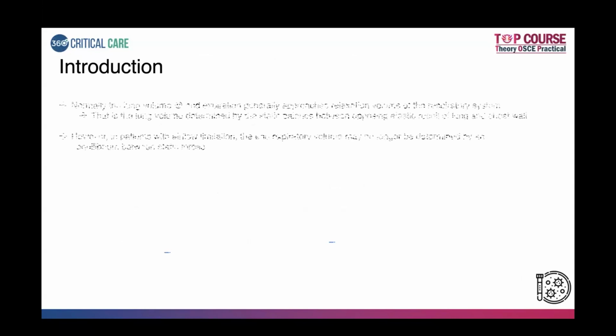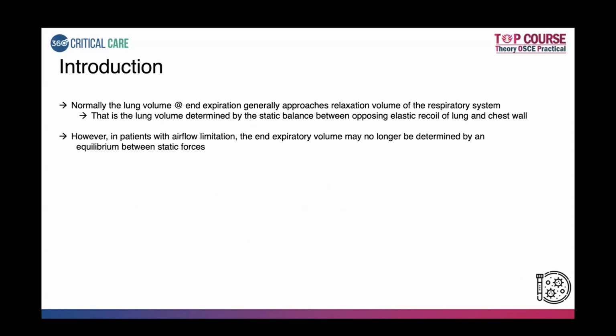So coming to the introduction, normally the lung at end expiration generally approaches a relaxation volume of the respiratory system. That is, the lung volume determined by the static balances between the opposing elastic forces of the lung and the chest wall.